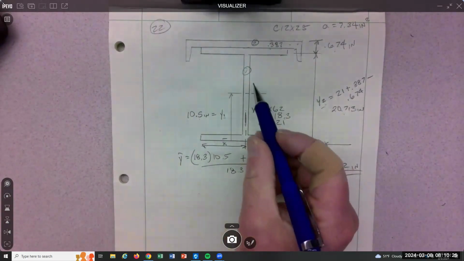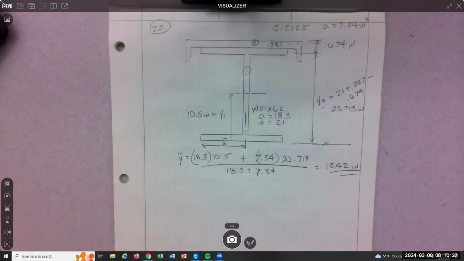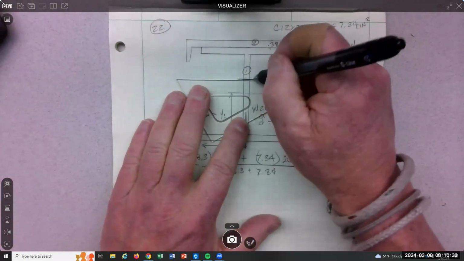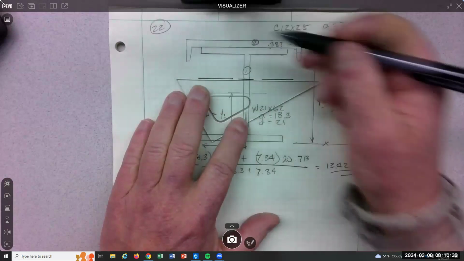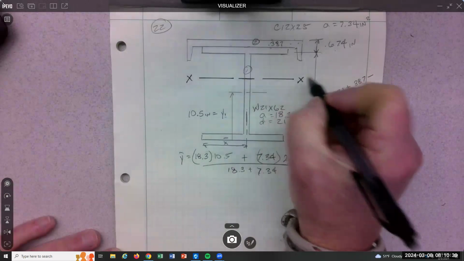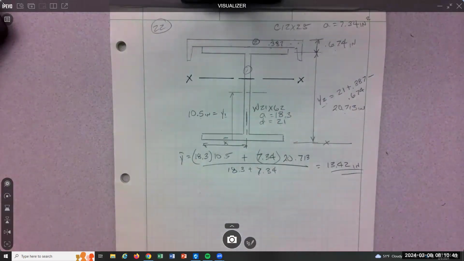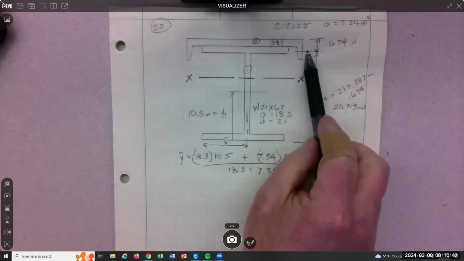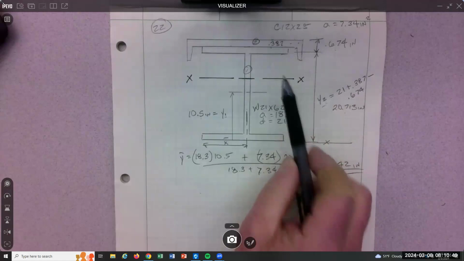But now we have the combined, and that's usually noted, like when you do it for strengths, you're going to want that information in here. It's usually just another axis, and you would label it the x axis. That's the combined. A lot of times you'll see the individual axes of the shapes and then the combined axis.